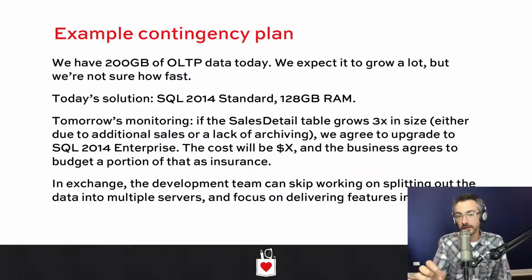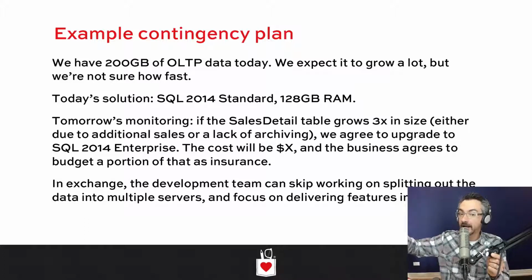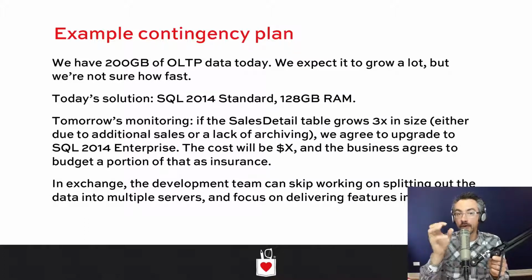The cost of it would be, say, $56,000 for that licensing. We don't need to buy it today, but you need to budget it for next year or 2 years from now if we start hitting that limit.